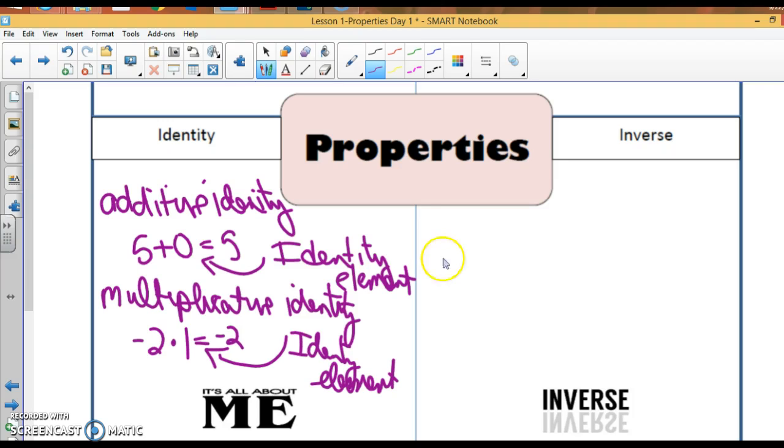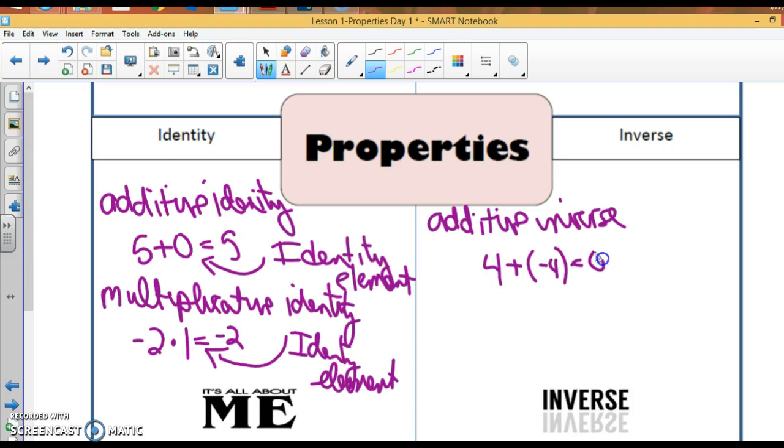Inverse. The additive inverse is when you add a number to its opposite. So 4 plus -4 gives you 0. Additive inverse: you add a number to its opposite, you get 0.